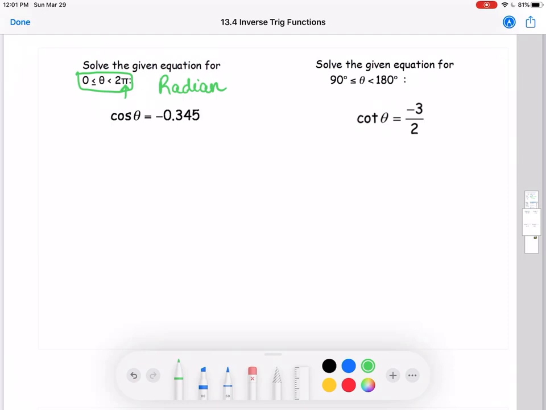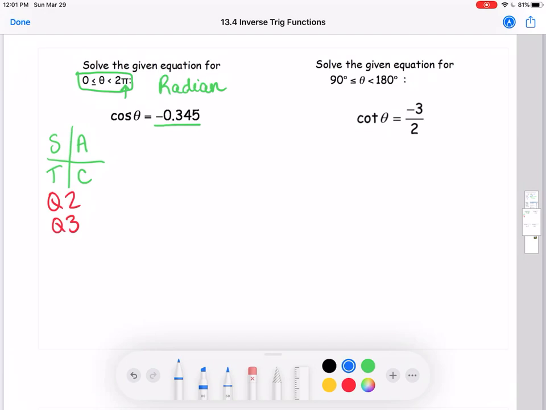So your calculator should be in radian mode. Now, what two quadrants for cosine give me a negative value? If you think over to your SATC thing we've been talking about, which two quadrants are our answers going to be in? Cosine is negative in quadrant 2 and quadrant 3.